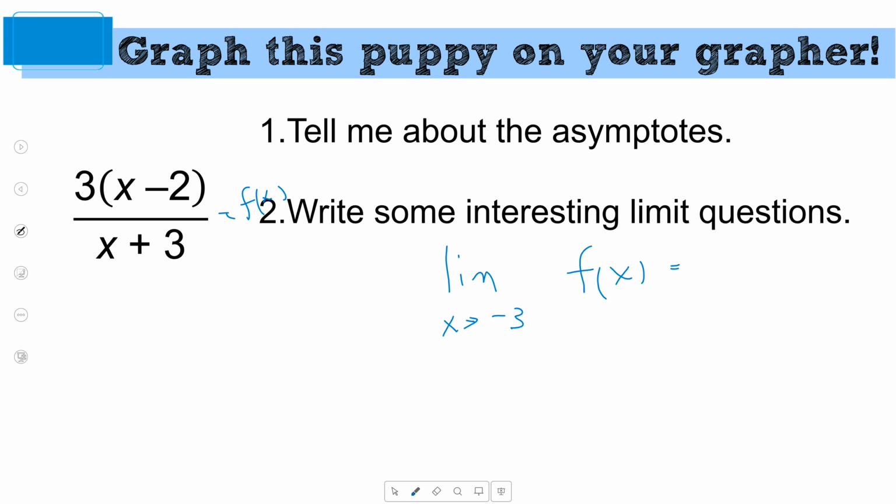There's no answer. Which one do you want to go with? Does not exist. Em, give me another one. As x approaches -3 from the right, answer? Negative infinity. Yeah, good, negative infinity.